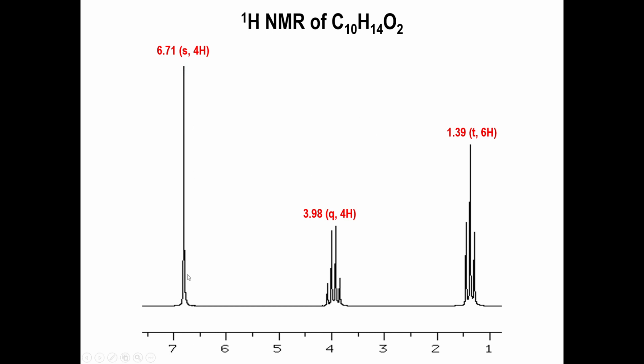And the only way you're going to get a single peak like this is if all 4 hydrogens are equivalent to each other, all 4 aromatic hydrogens. So take that into account and consider the fact that this is not 2 to 3, but 4 to 6. What this is telling us is that we have 2 groups, 2 ethyl groups, which the CH2 is still bound to oxygen. So we actually have 2 ethoxy groups present in the molecule.